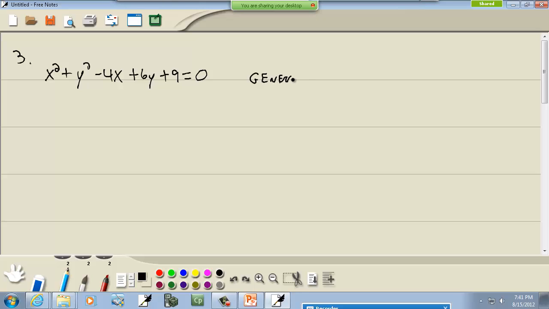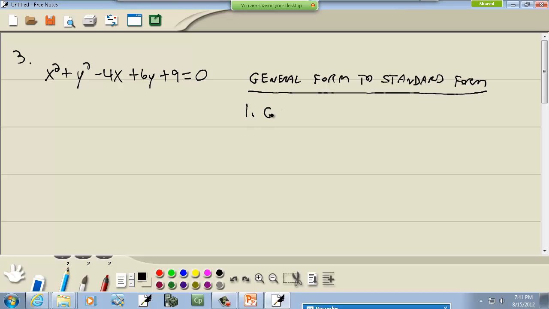General form to standard form. Our first step is we're going to group the x's, group the y's, and take the number to the right side.